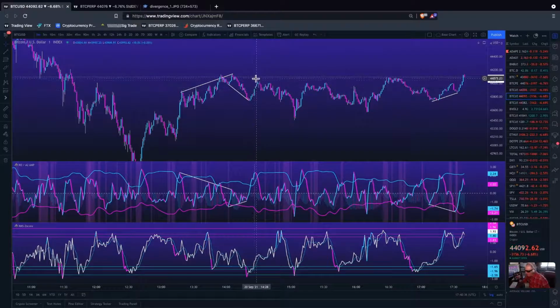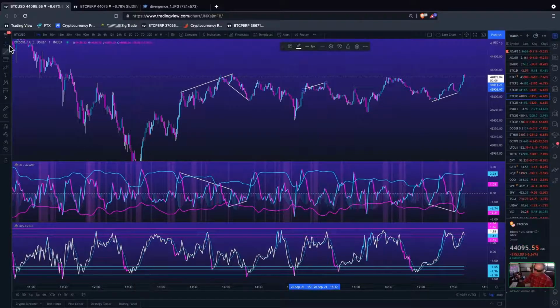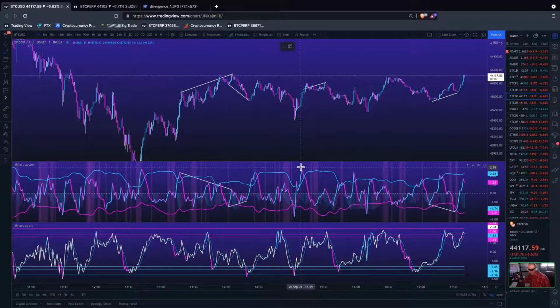Let's see here. Yep. I mean, I go through this 1 minute chart. There is divergence all over the place. There always is. If you're a 1 minute scalper, guys, this should be playing a huge role in what you're doing.